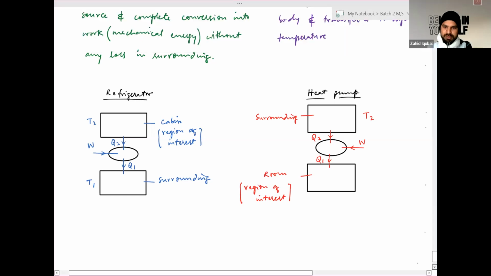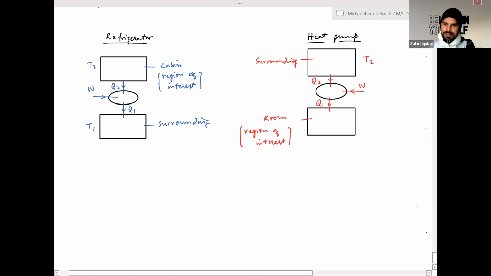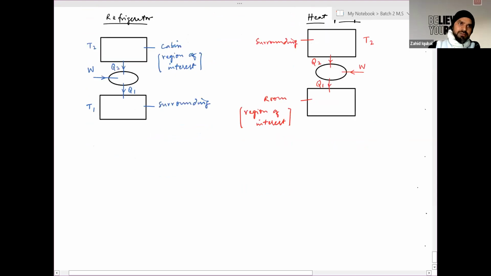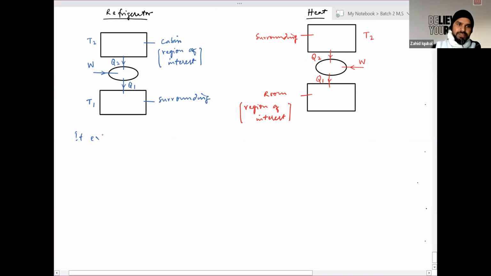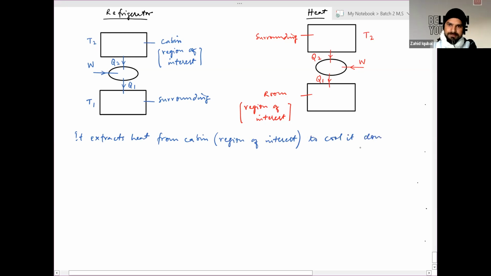So let me define these two different processes. In the first part, in case of refrigerator, it extracts heat from the cabin or compartment, that is the region of interest, to cool it down by adding work from the compressor.